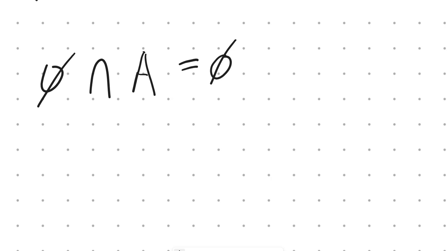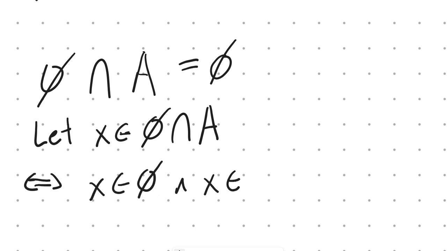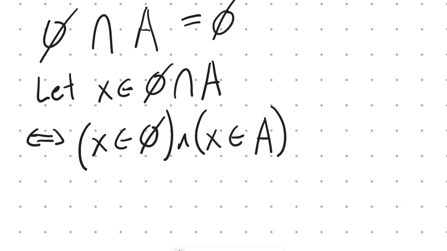Now, to prove this, let's say X is an element of the empty set intersected with A. This would be equal to saying that X is in the empty set and X is in A. But X being in the empty set can never be possible since nothing is in the empty set. So this is a contradiction, since no object can be in the empty set.